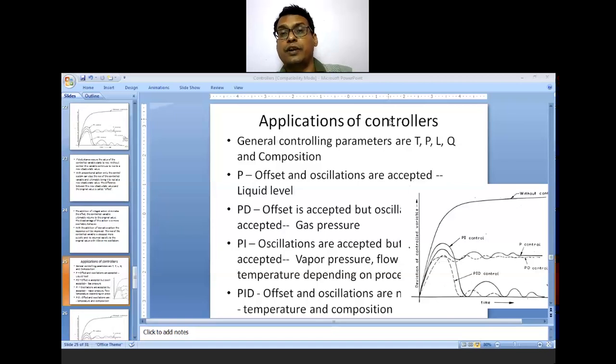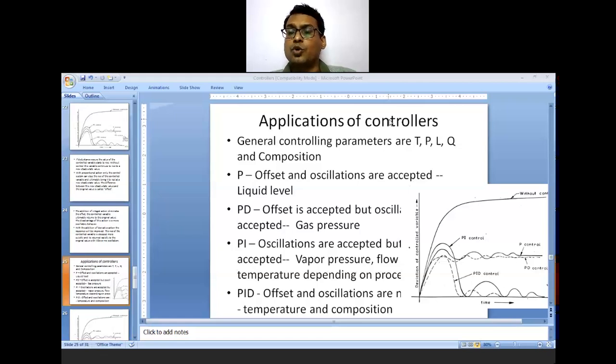Now, in general, what are the different controlling parameters? That is your temperature, pressure, level, flow rate and composition. These are the five major controlling parameters.